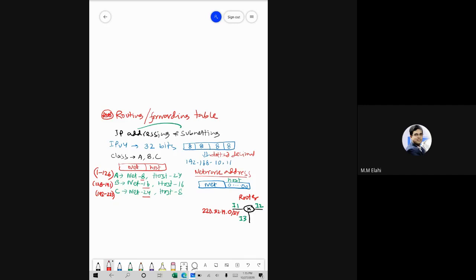Even if that is not specified in the question, whenever there is no slash or no information about number of bits in network, you should get it from the basic class definition. If class B /16, if class A /8, if class C, what? /24, right?